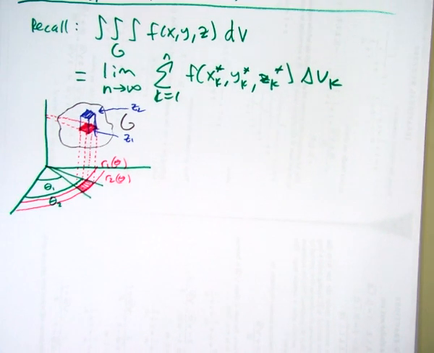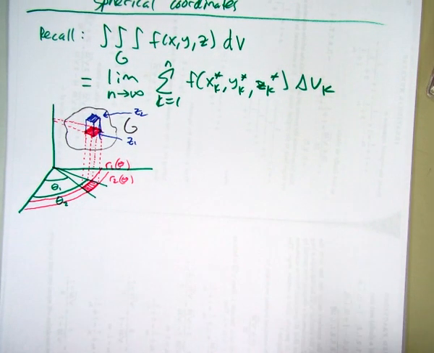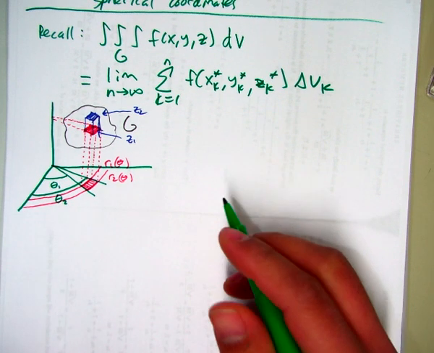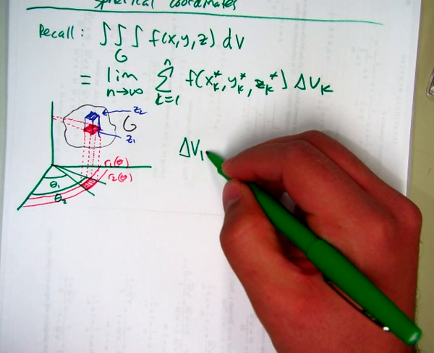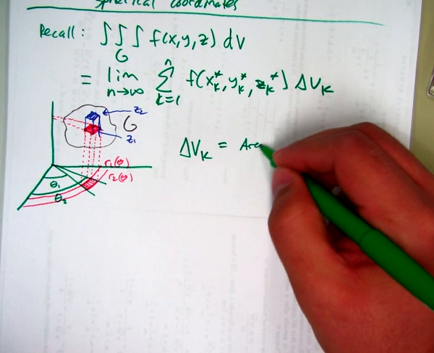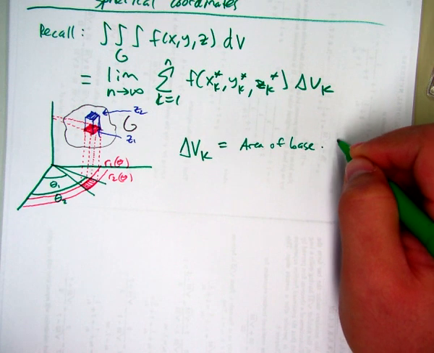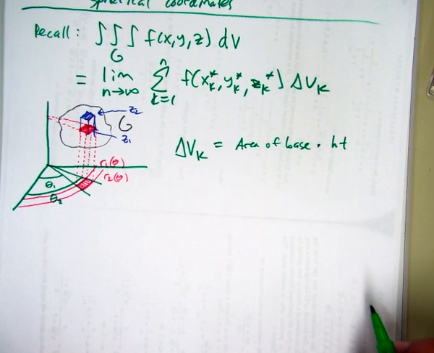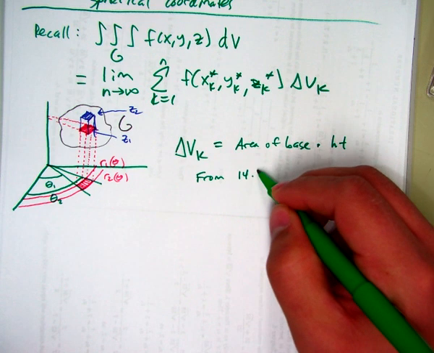So this is the setup in cylindrical, all right? The nice thing is that the volume of these little wedges is just going to be the area of the base times the height. And instead of doing a long process and spending all this time deriving it, we've already done that.